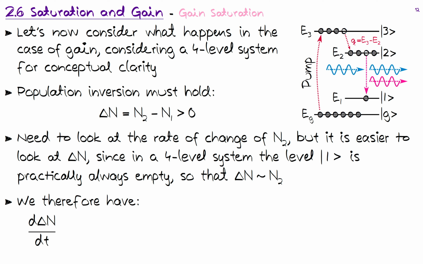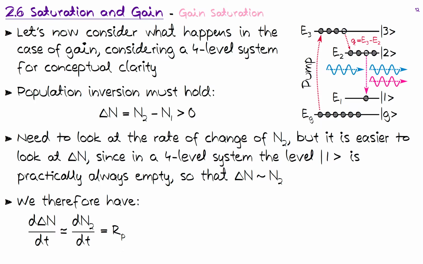Now we can write a differential equation for the population inversion. That's basically just using N2, the population of the excited state 2. We have the pumping rate: we are exciting electrons from the ground state into level 3 and then there is this relaxation, so this process gives us the pumping rate in the equation.